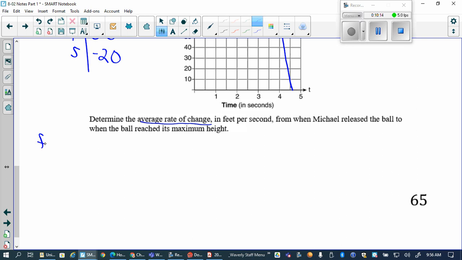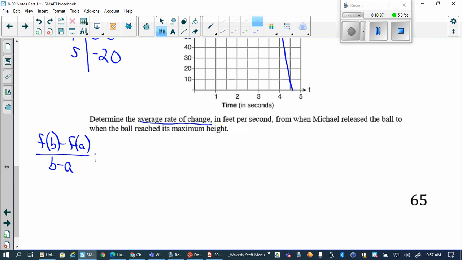Remember, f of b minus f of a all over b minus a, right? That's like the general, but we're not going to use f. We're using what? H of. And what are the a and b in this case? From when to when?